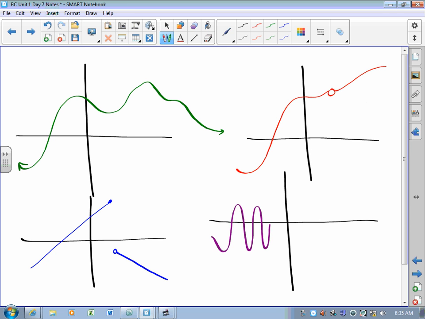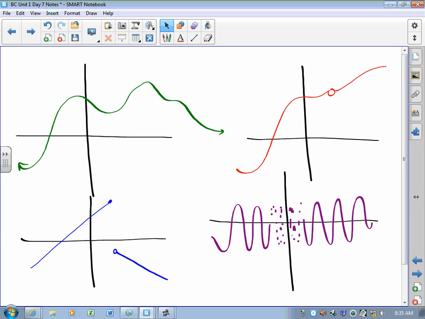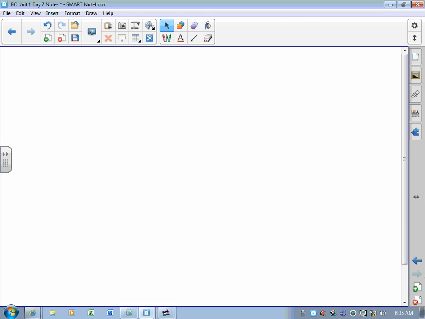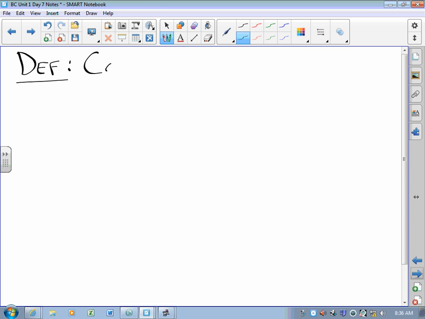Because there's some kind of serious oscillation happening in there, and it's going so fast that you can't really deal with it. Those are cases where we know, intuitively, those functions are not continuous. So if I can, I'd like to bring a definition to continuity, and then we're going to go back to that other slide, and talk about why those other functions are not continuous.